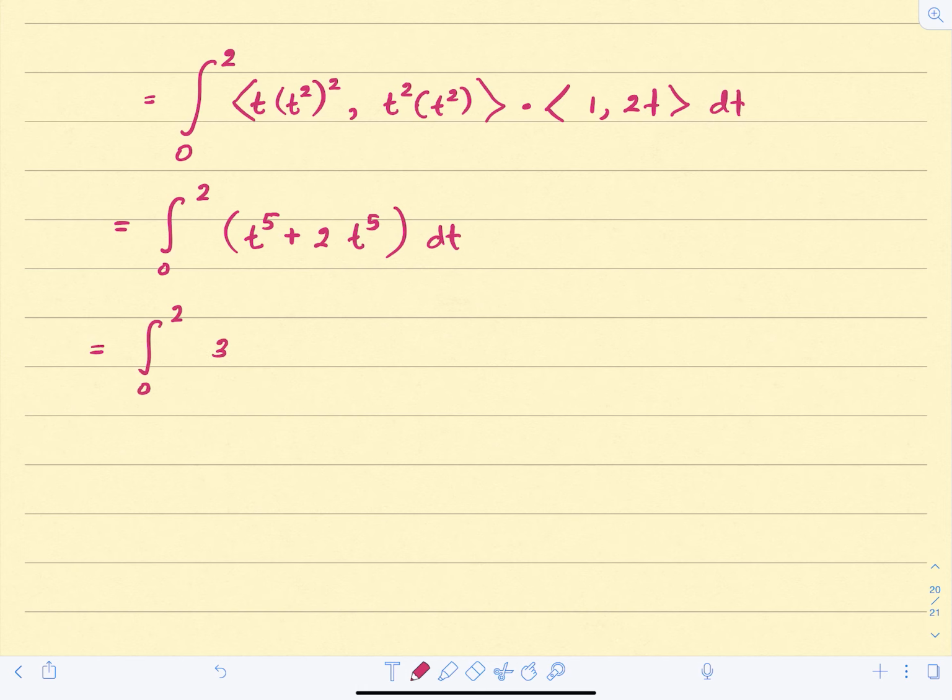Our integrand simplifies to 3 t to the power 5 dt.